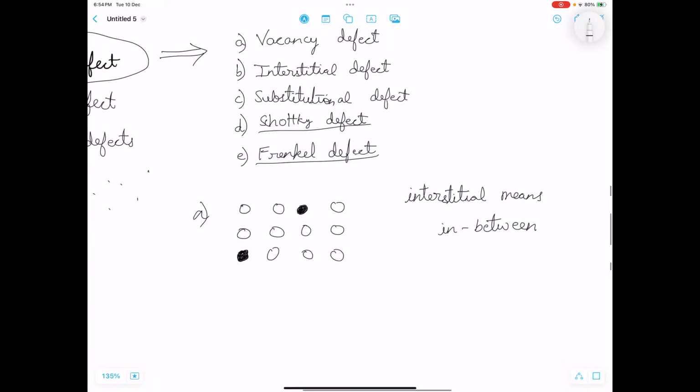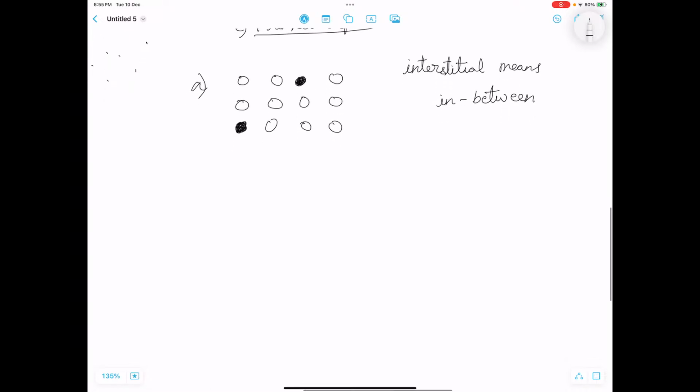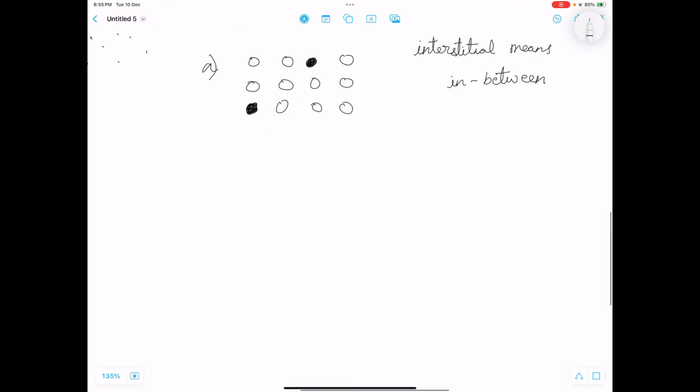Schottky and Frenkel defect. Schottky defect involves a simultaneous absence of an equal number of cations and anions from the lattice sites. So suppose there was an ionic crystal here. Suppose there were plus, minus, plus, minus, plus, minus, plus, minus, plus, minus, plus.